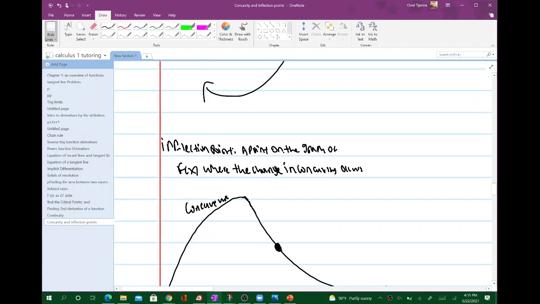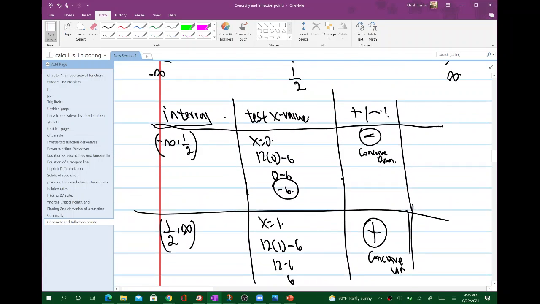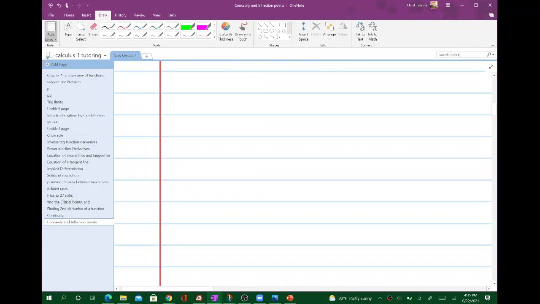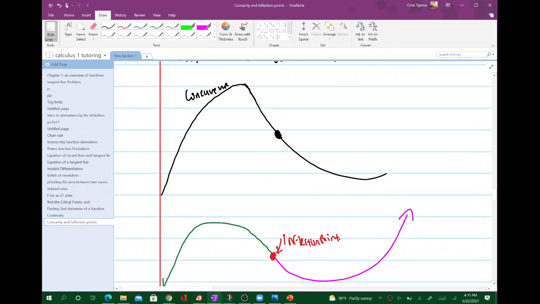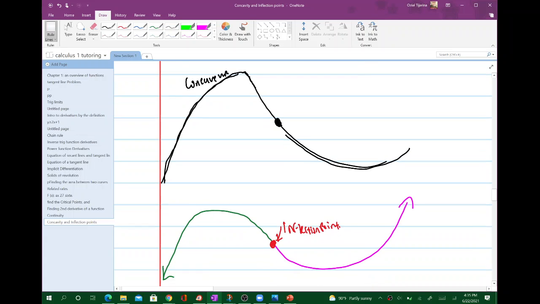Now concavity means that when something is concave up or concave down, the best way I can explain it is, this is what concave up is, like this. And then concave down is like this. That's the best way I can explain it.